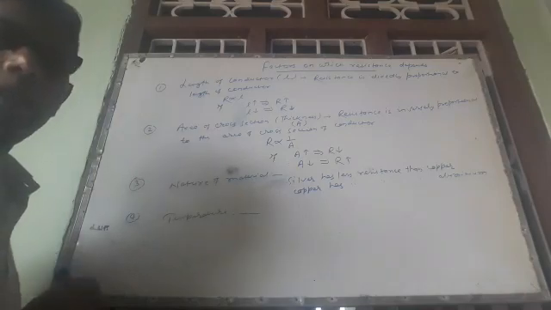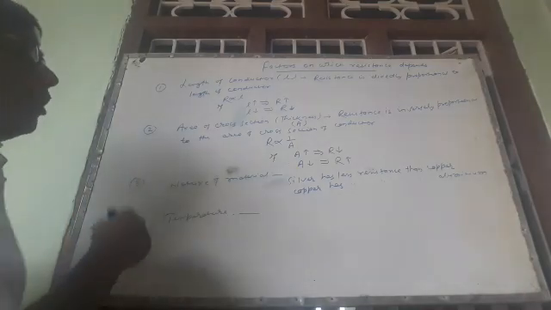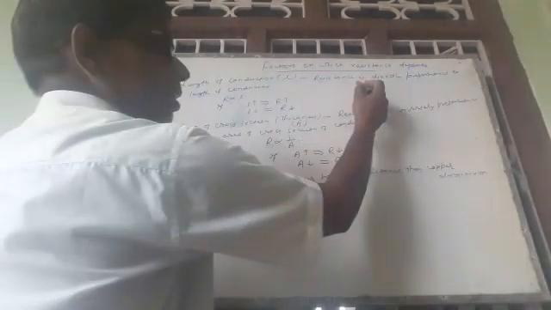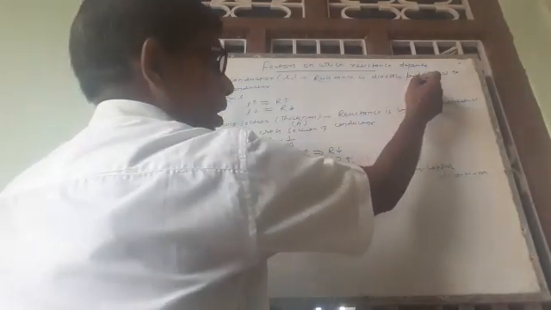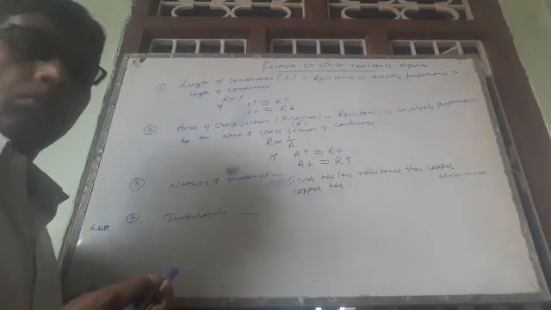First factor is length of conductor, length of wire, which is represented by L. Resistance is directly proportional to the length of conductor or wire.